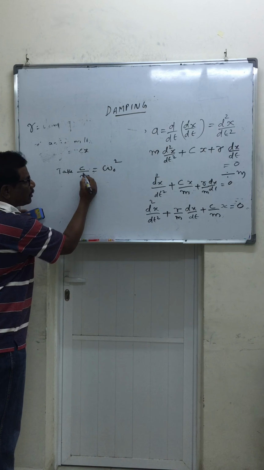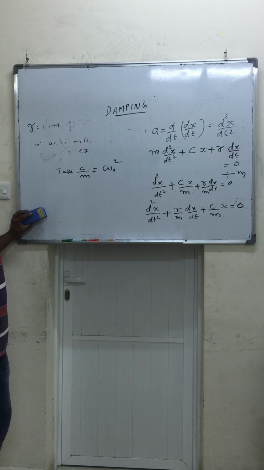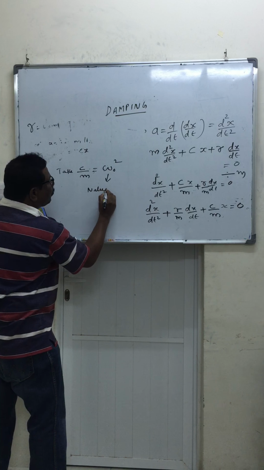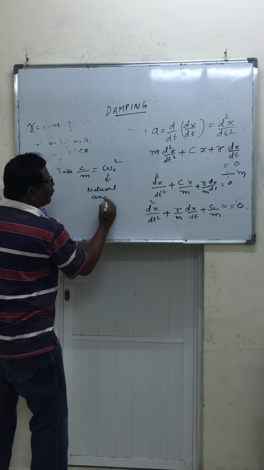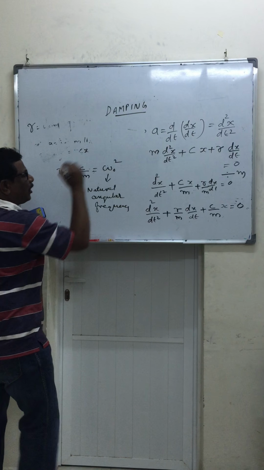C means spring constant, m means mass, which is equal to omega naught square. This omega naught is a new term. Actually it is what? Natural angular frequency. That is called omega naught.